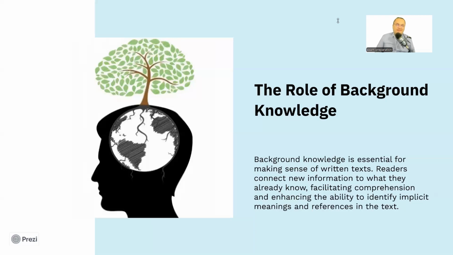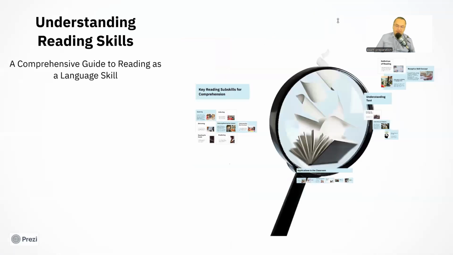So you may say, yeah, what I'm reading makes sense to me because I plant and grow mango trees. I know how these things should happen because I have my own mango trees crop. So you have the role of background knowledge to tell you that you may want to relate what you read to your own knowledge of the topic.